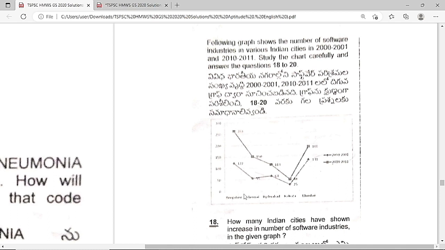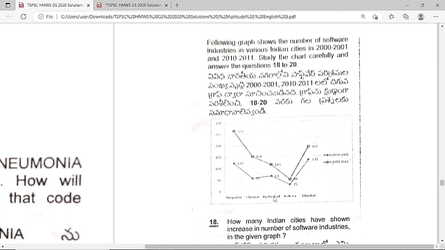So in Bengaluru, for 2000 to 2001, we have 122 software industries, whereas it has 250 software industries for the 2010 to 2011 year. Similarly for Chennai, we have 55 software industries in 2000 to 2001 and it has 150 software industries in 2010 to 2011.